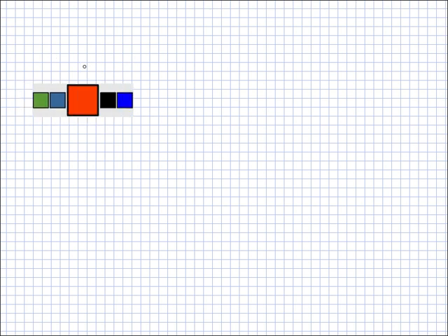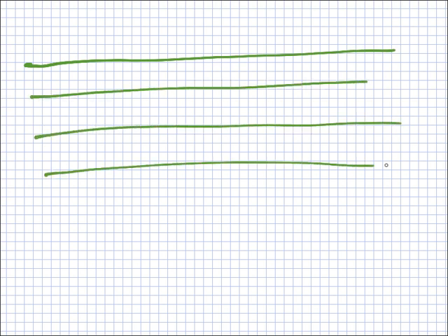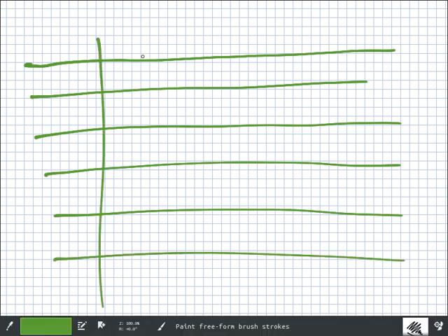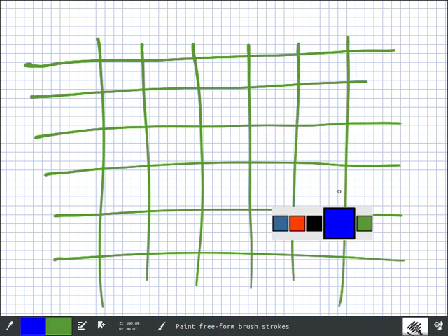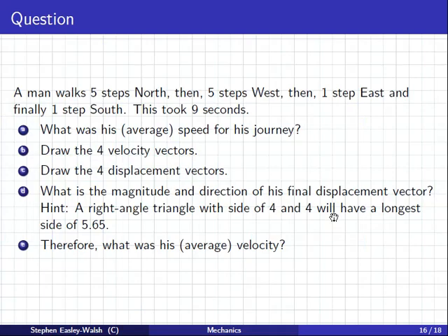Oh, I'll just draw it roughly. 1, 2, 3, 4, 5. Okay, let's do this together.